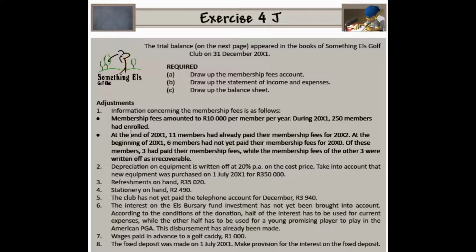So you're going to open your T account for the PGA tournament with a total on the debit side of 150,000. Now you transfer the interest from the interest account to the tournament account. So what is the double entry? You debit interest on investment and credit PGA tournament with 150,000.